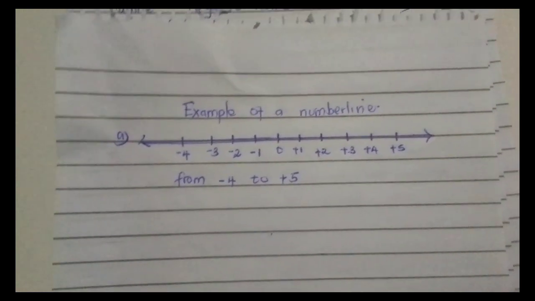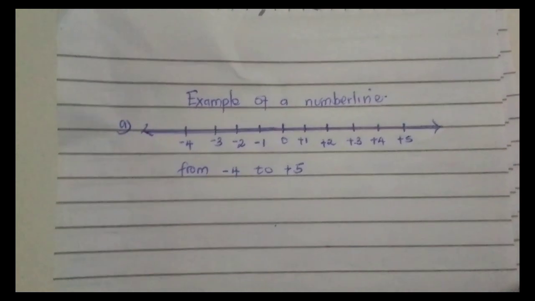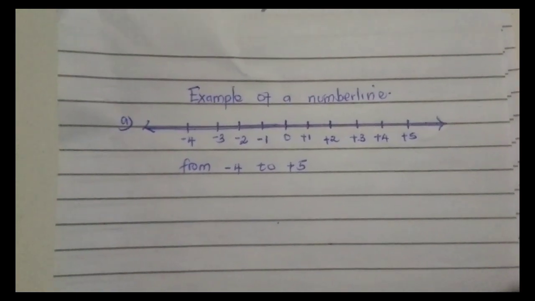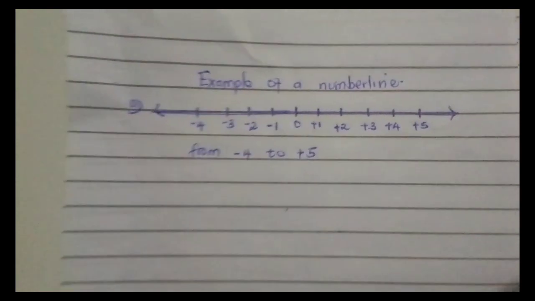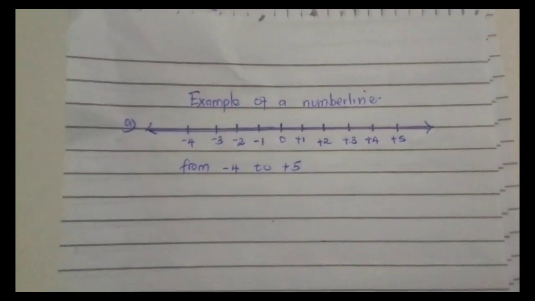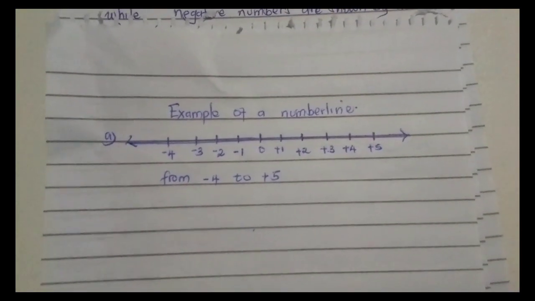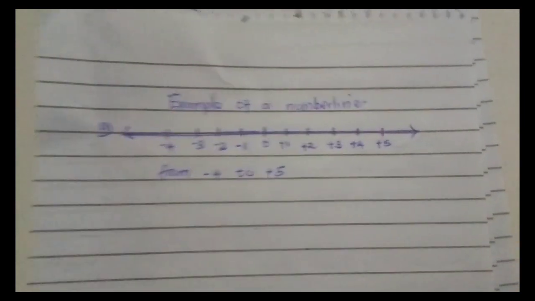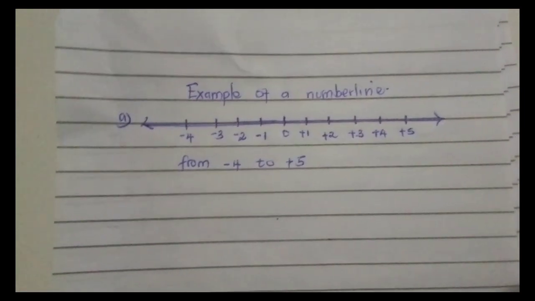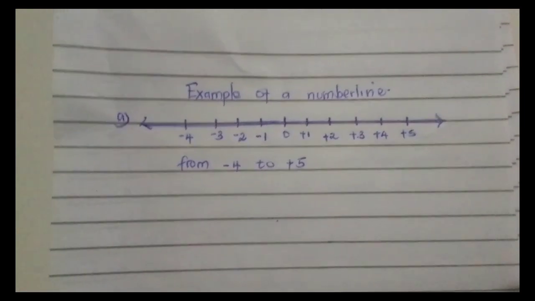That should mean negative 4 and positive 5 are not the only numbers or the end numbers of mathematics. We have 1,000, we have 10, we have negative 1,000 and all that. Where do they appear? They occur out there. That's why we show arrows to mean that that is not the ending point.